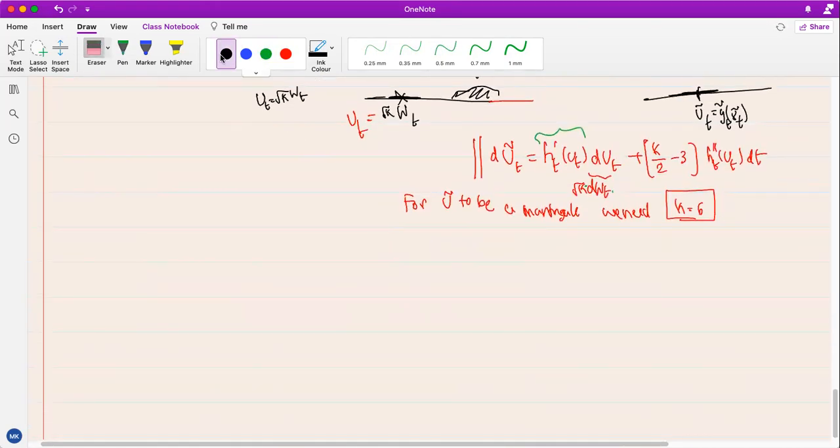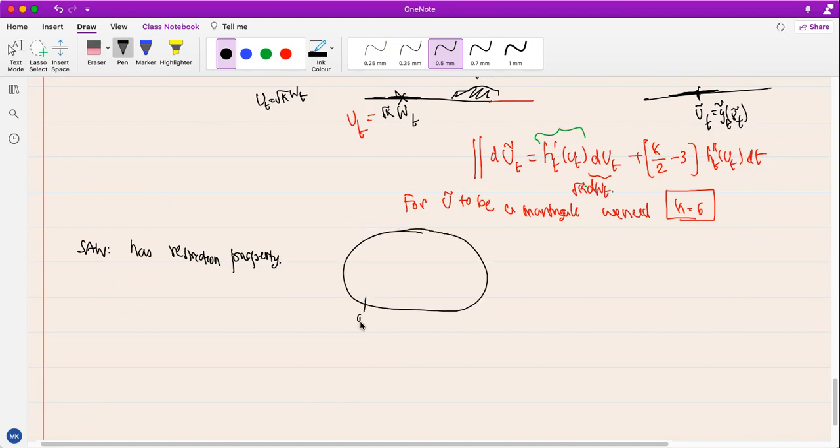Similarly, self-avoiding walk has a different property. It has what is called the restriction property. What that is: if I have self-avoiding walk from A delta to B delta, and I cut out some part of the domain, so this whole thing is omega delta, and omega delta dash is the reduced domain.